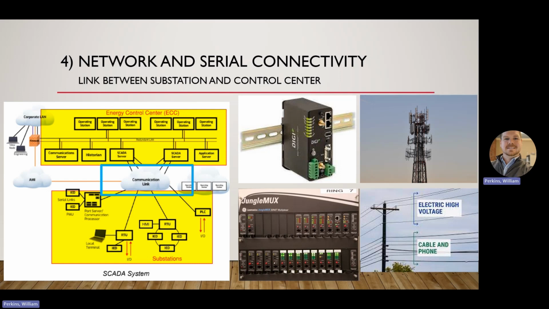In some instances, a combination of all of these communication methods can be utilized, such as an RTU in a remote location will use radio or microwave to communicate back to a location that has a multiplexer, in which those communications will then be transferred to the multiplexer ring in order to communicate back to the ECC. Or another example would be a telco circuit is used for a short distance and then transferred to radio or microwave and then sent to the ECC that way.